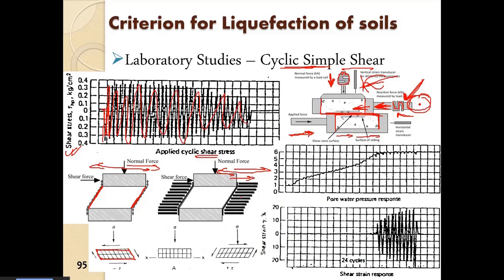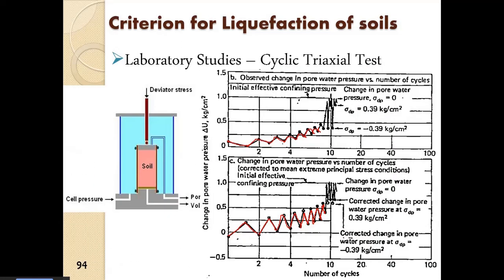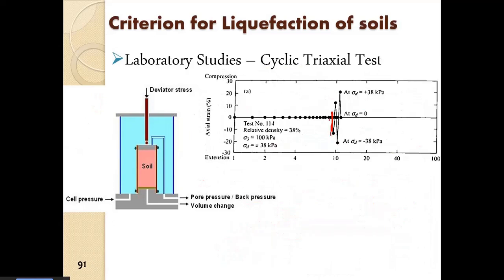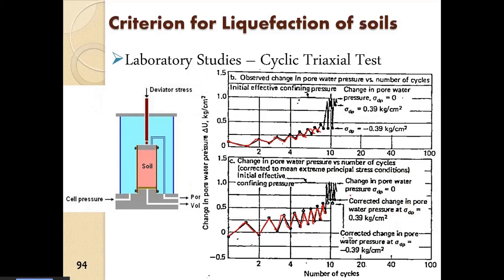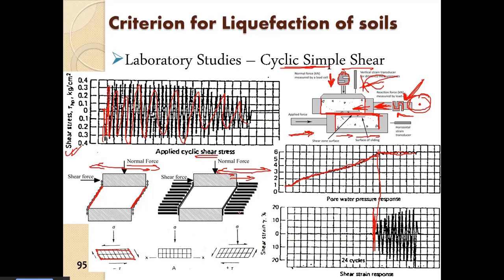Now again, as in the case of cyclic triaxial, what we observe here is an increment in pore water pressure. Then suddenly at a particular point, as in the case of triaxial, up to a point there was no deformation in the case of simple shear as well.